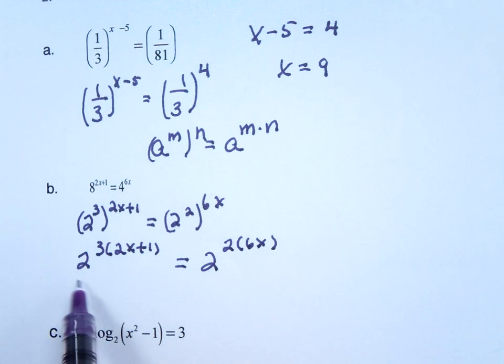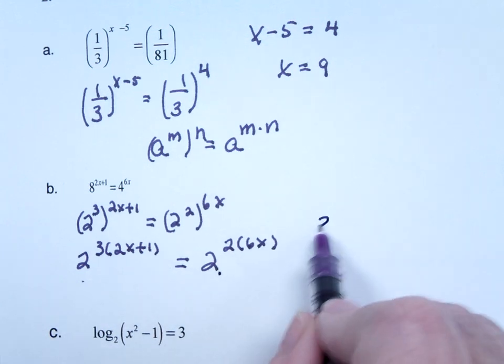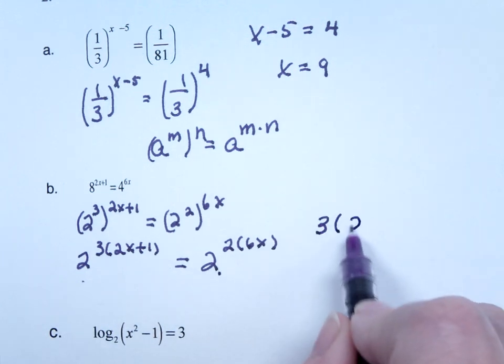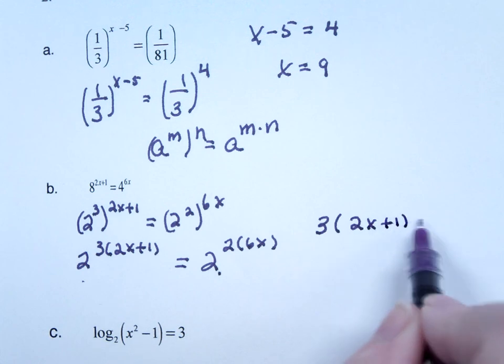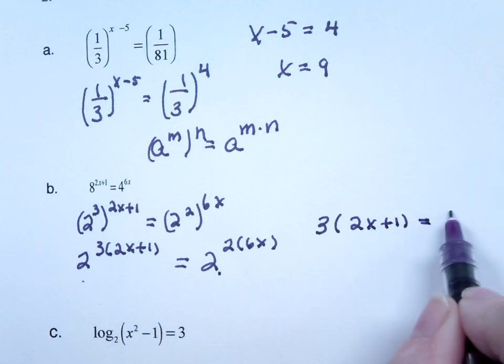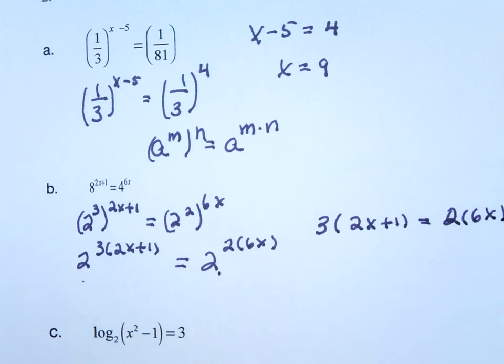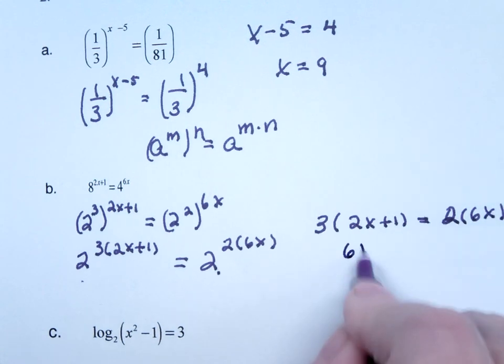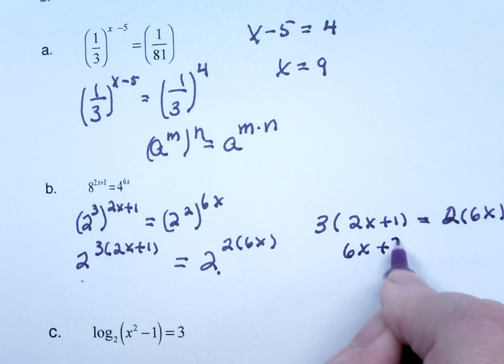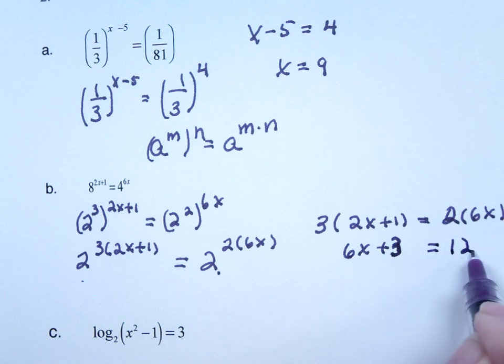The bases are now the same, so the exponents are equal. 3 times 2x plus 1 equals 2 times 6x, you could say 12x. 6x plus 3, now look at that, I almost did it. 6x plus 3 equals 12x.